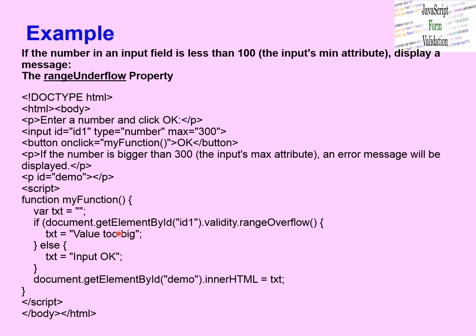This is the example which shows the range overflow function. But most of the browsers do not support these range underflow and range overflow functionalities. Most of the browsers are not compatible with all the functions that are available in JavaScript. That is one of the important things that we have to remember.